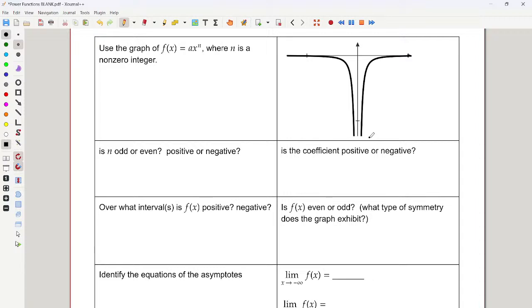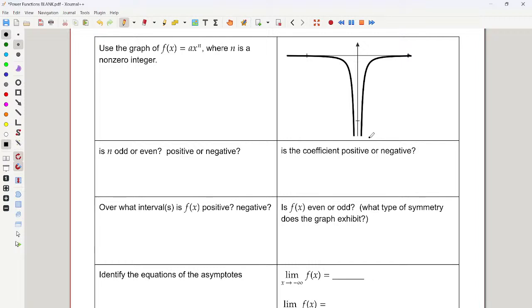Does it look like a U-shaped connected parabola? Definitely not. Does that look like a chair graph? No, that is not a chair graph. A chair graph is connected. It definitely has 2 asymptotes. That's suspicious right off the bat. What graphs do we know have some asymptotes thus far that are power functions? Negatives.